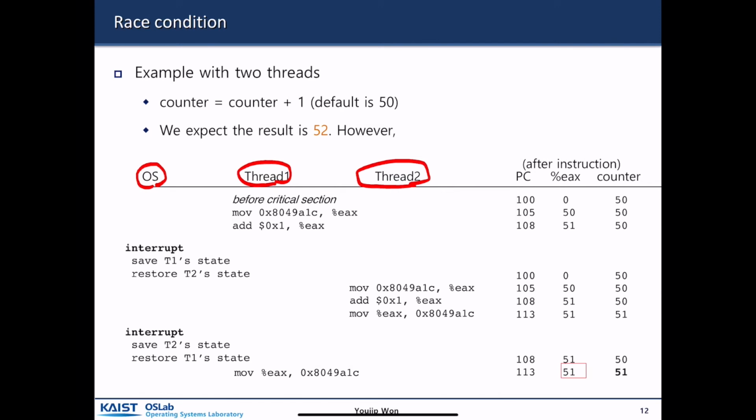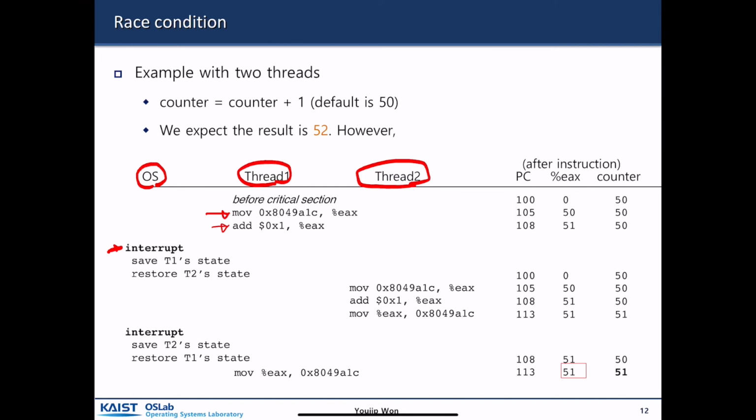So this is how it happens. Let's assume that thread 1 starts to run first. It loads the memory variable to the register, and then it increases the register value by 1.